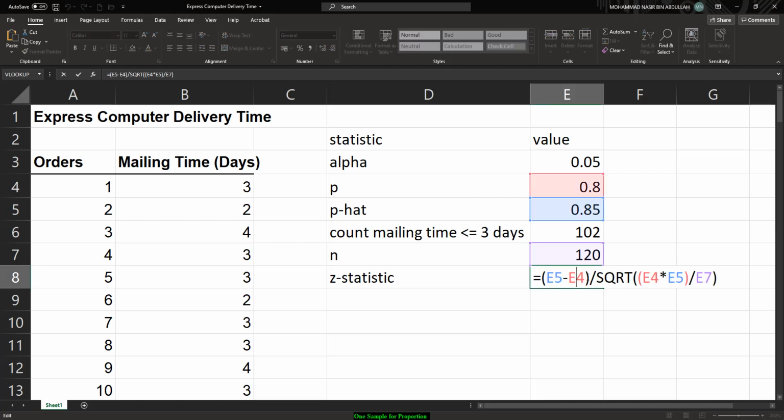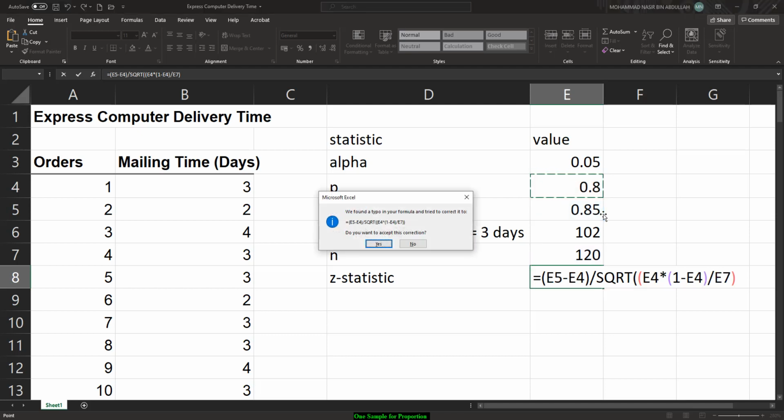Oops, sorry, actually this one is wrong, because it should be P multiplied by Q. P is 0.8, multiplied by Q, which is the complement of P, so we need 1 minus 0.8, right?